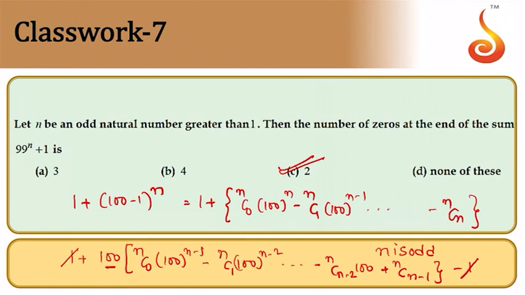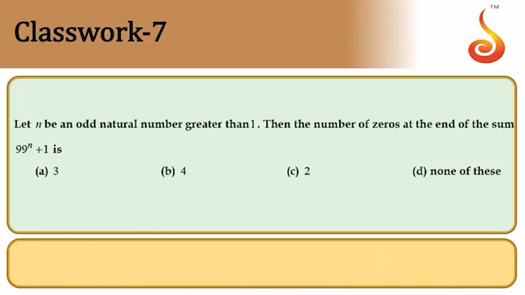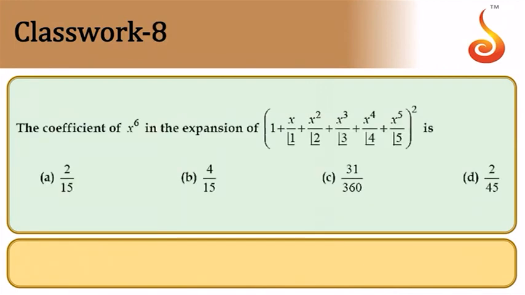So what we see, 2 zeros are there in each and every case. So the number of zeros at the end of the sum will be 2 zeros, because this value is 1 into 100. So this minus 1 and plus 1 will cancel. C is correct.